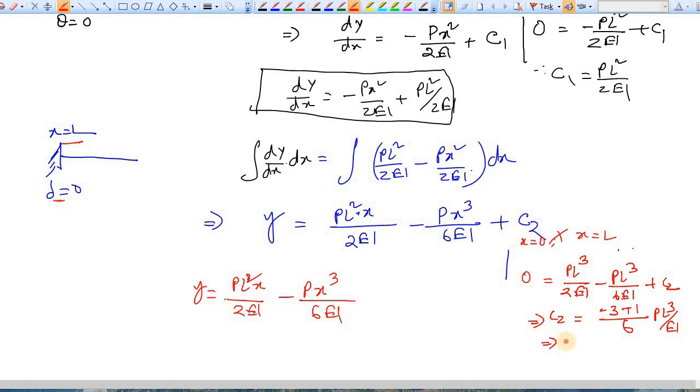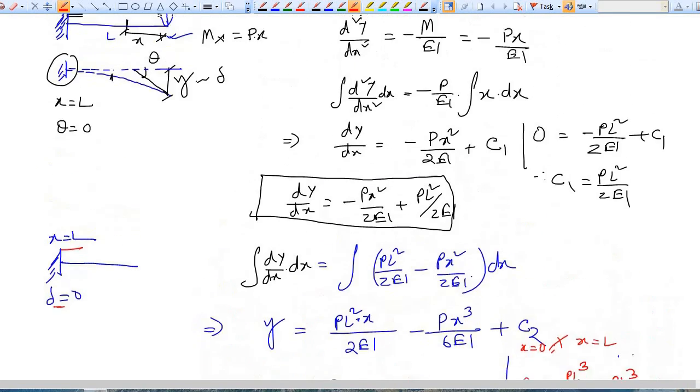You can check it yourself. C2 becomes minus PL cube by 3EI. So the equation for deflection, C2 is equal to minus PL cube by, sorry, this is 3, this is 3, PL cube by 3EI.